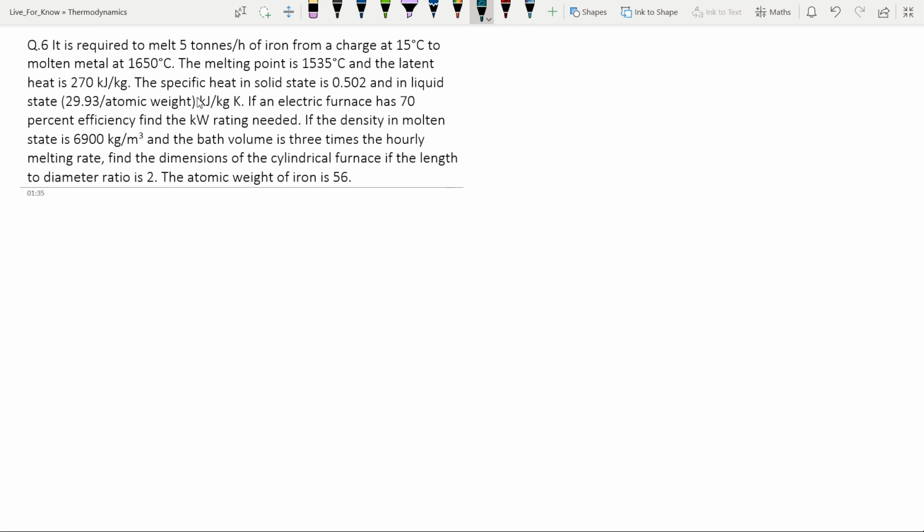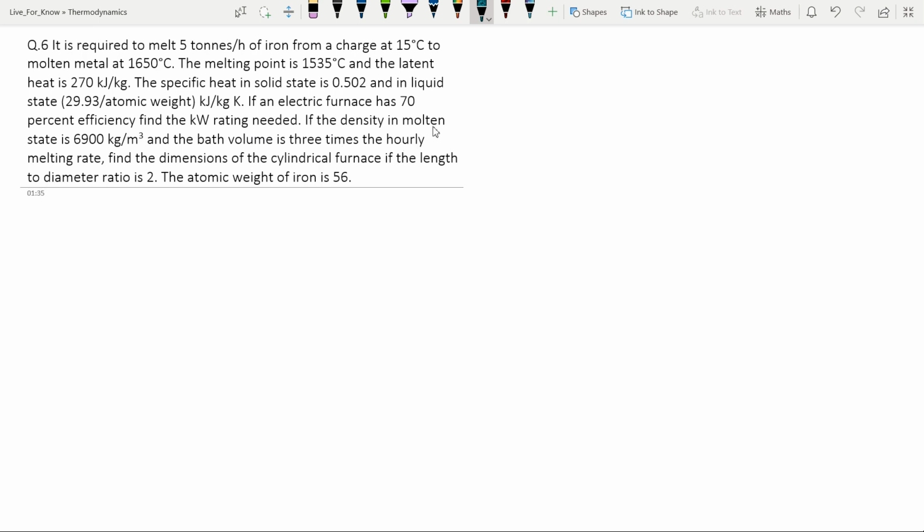And in liquid state it is 29.93 per atomic weight, in kilojoule per kilogram Kelvin. If an electric furnace has 70% efficiency, find the kilowatt rating needed.